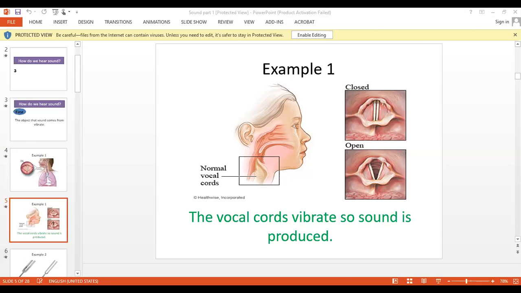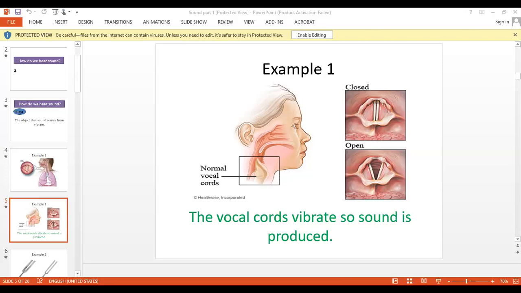How do we hear the sound? The vibration is transferred to the air. This means that when the source of the sound vibrates, it vibrates the surrounding particles of air around it, and this is what reaches your ear. The air contains atoms or particles. These particles hit each other.